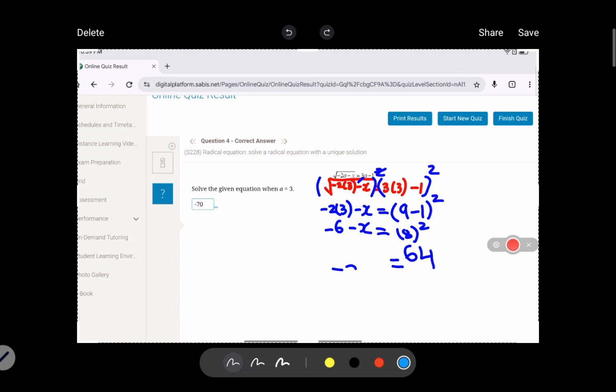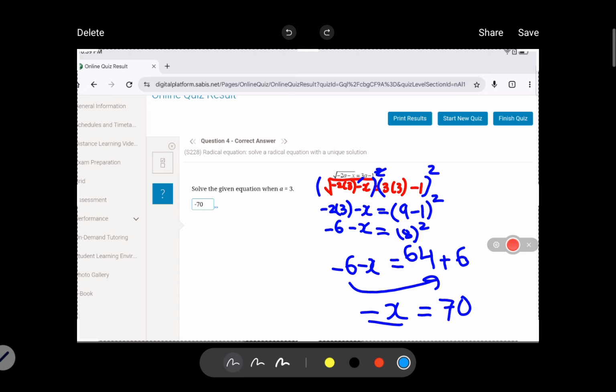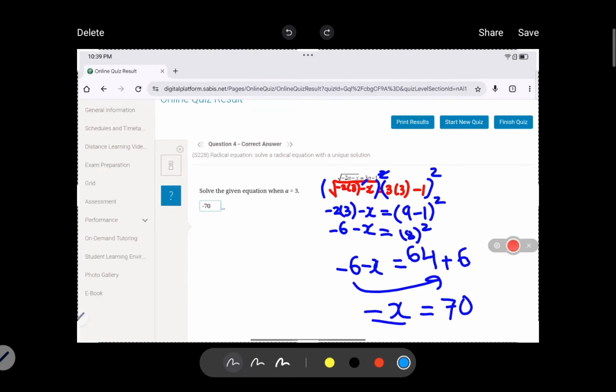So negative 6 minus x, move this to the other side, it will be plus 6, so 70. Negative x is equal to 70, so divide over negative, here it will be over negative, so your answer will be negative 70.